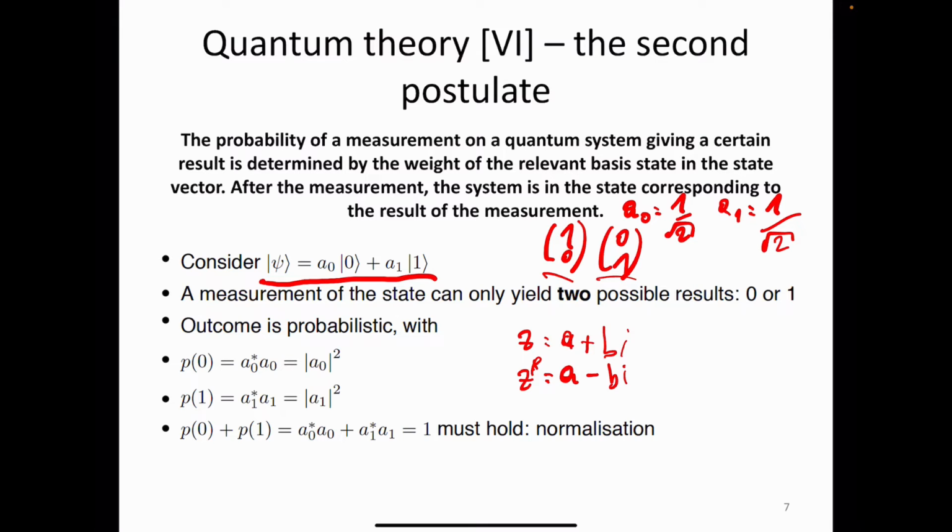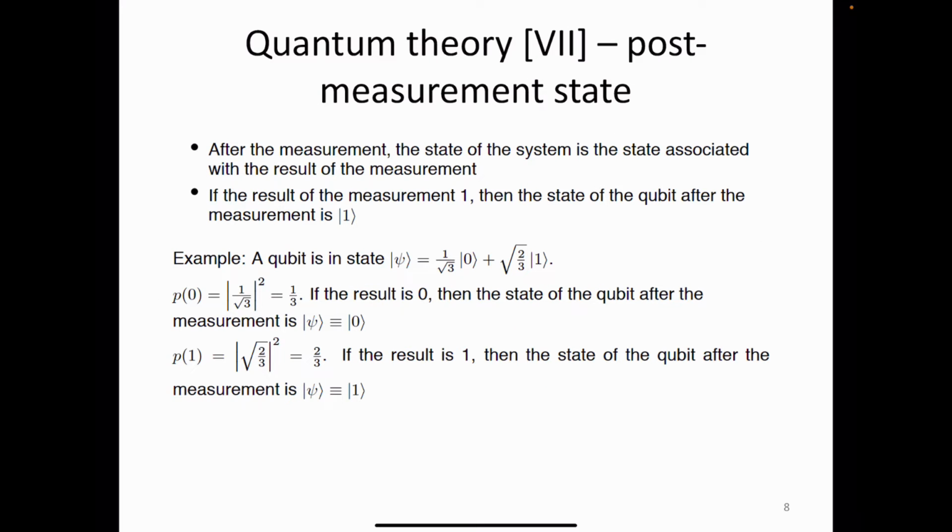And the normalization condition must hold, which is what we just said before. The squared amplitudes must sum to unity. The post-measurement state, that's the result that you get. Imagine you have a problem that comes with 10 solutions, and these 10 solutions exist in this rich superposition.